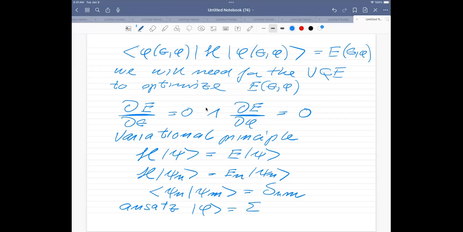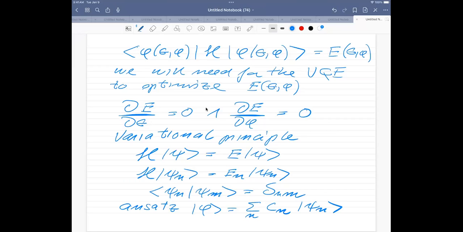So I could have now a sum. In principle, this is an infinite basis. I have some overlap coefficients between that specific state, the ansatz, and the basis which I have chosen, like this. So then what I can do now is to insert this expression for the ansatz which I have in the expectation value of the energy.